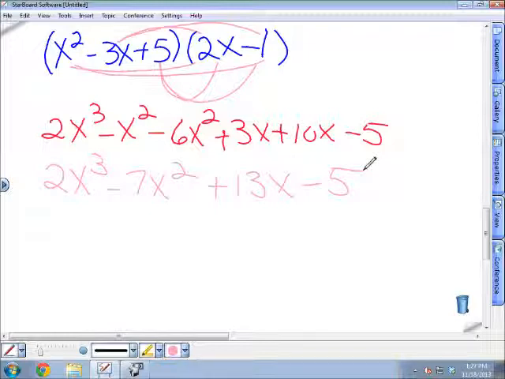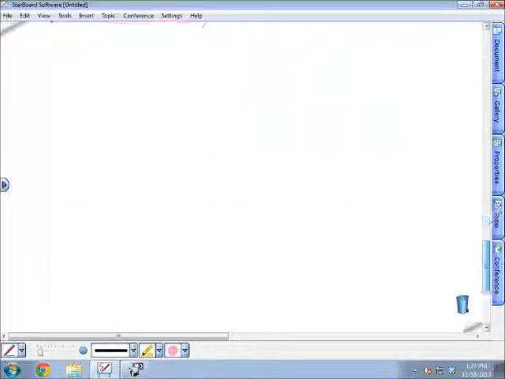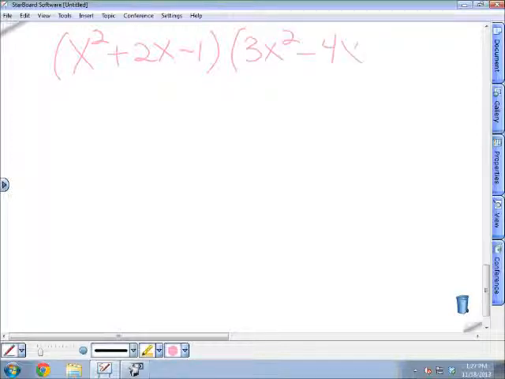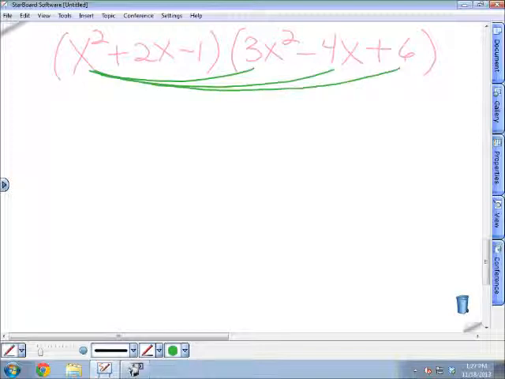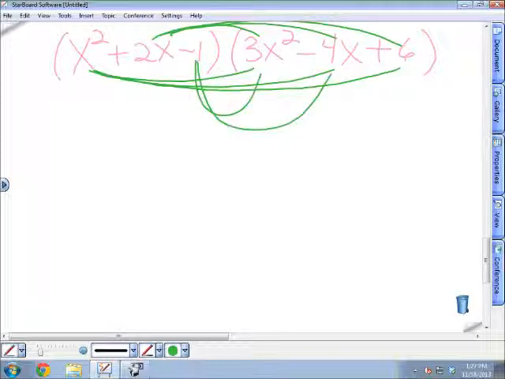And you could keep going. I could multiply trinomials times trinomials, and I'm not going to do that because it's a long example, it'll be a lot of writing for you. But if I was multiplying, for example, x squared plus 2x minus 1 multiplied by 3x squared minus 4x plus 6, I would multiply this one times everything, and then this one by everything, and then this last one by everything.